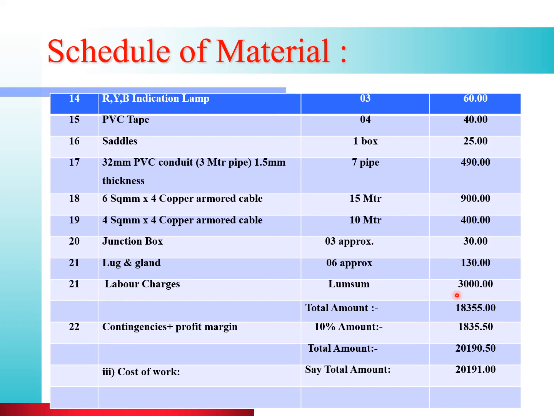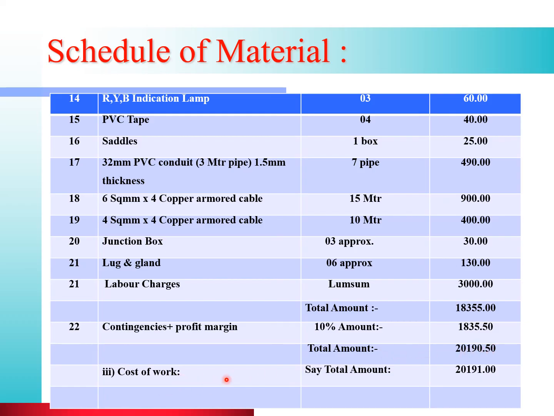Labor charges lump sum 3000. From that you have to calculate the total amount of the approximate costing. Then we have to add the contingencies plus profit margin, generally taken as 10% of the total amount. From that you have to calculate the total amount.